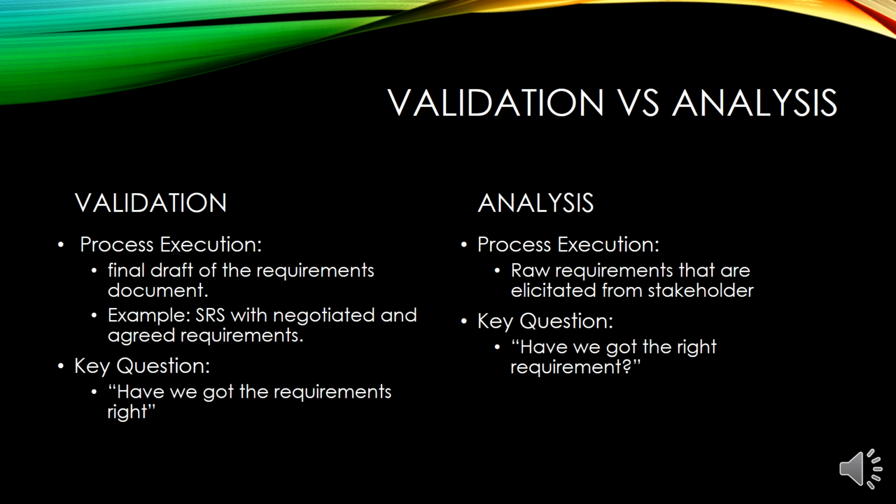So here we analyze all the requirements. When you analyze, the key question that arises is, have we got the right requirements? For instance, you want to build an inventory management system. Did we get the right requirements for the inventory management system?